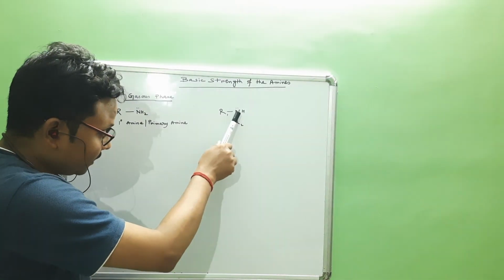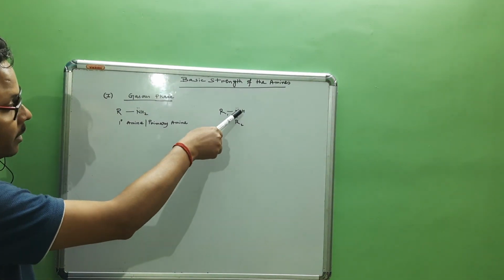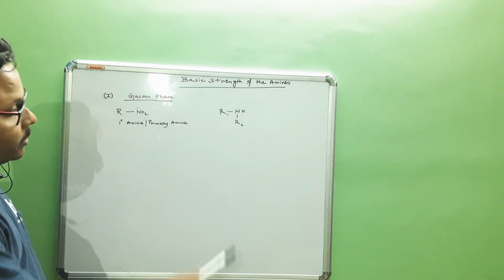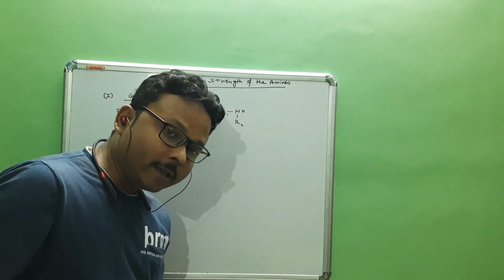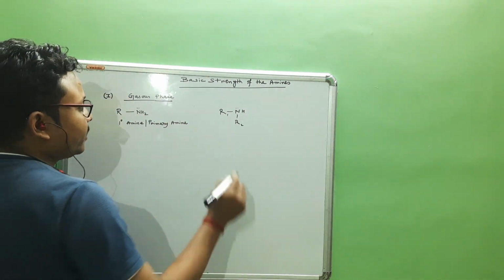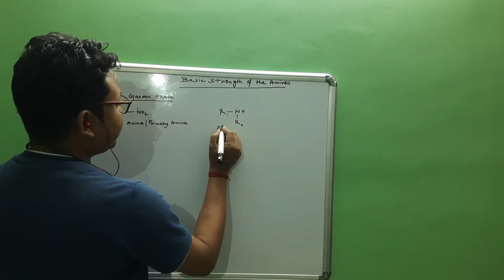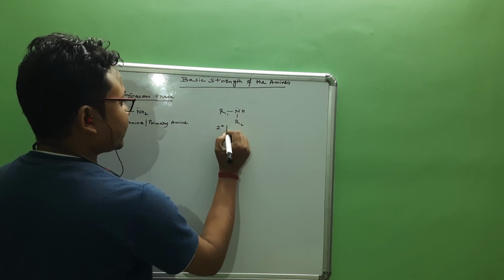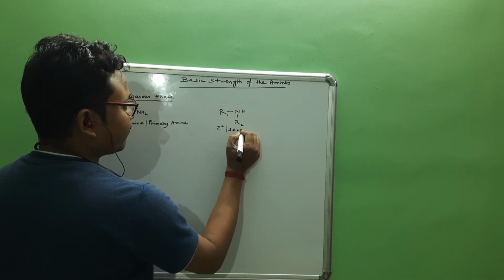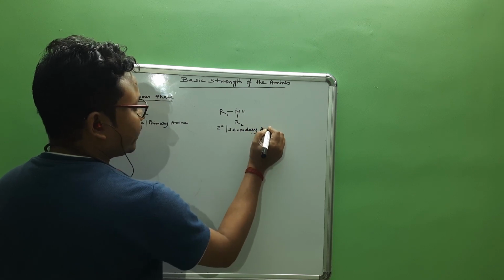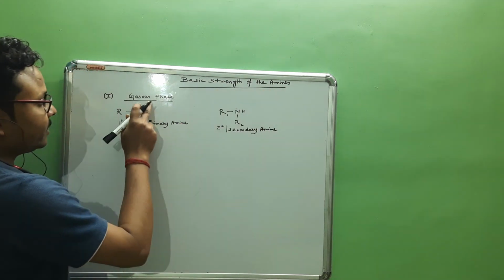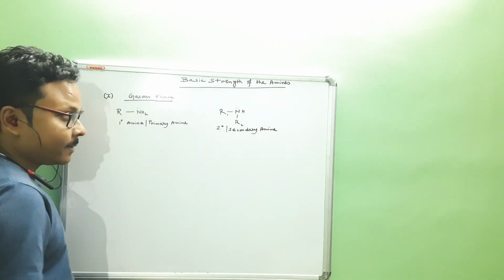And here, among the three valencies of nitrogen, two valencies are fulfilled by the two alkyl groups and the rest is fulfilled by the hydrogen atom. So this is 2-degree or secondary amine. So we have discussed the basic strength of amines in gaseous phase.